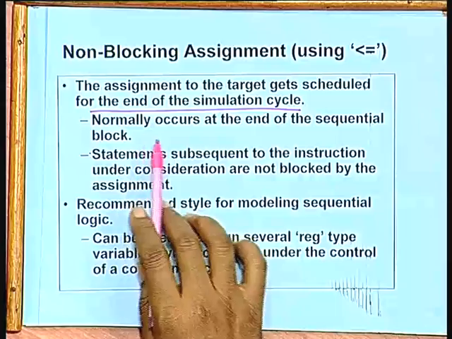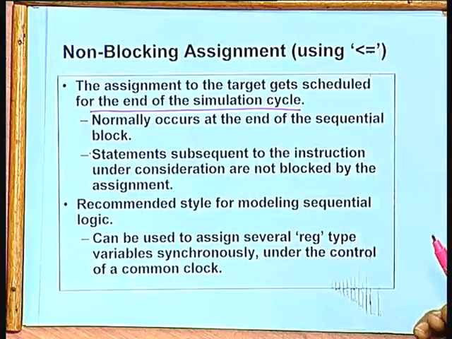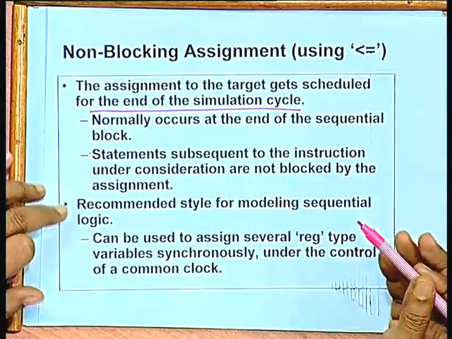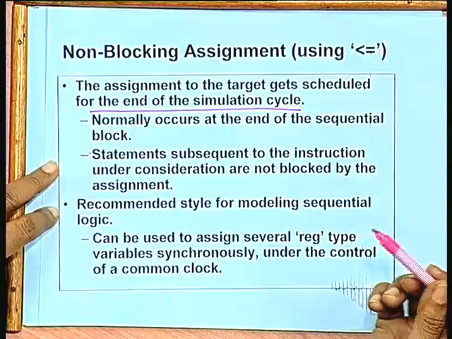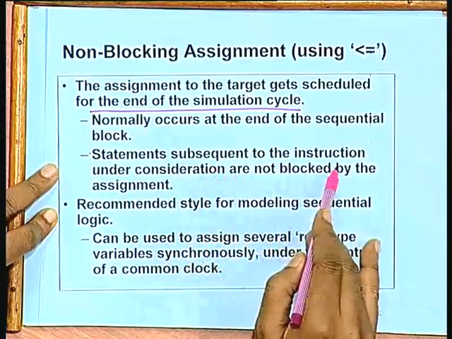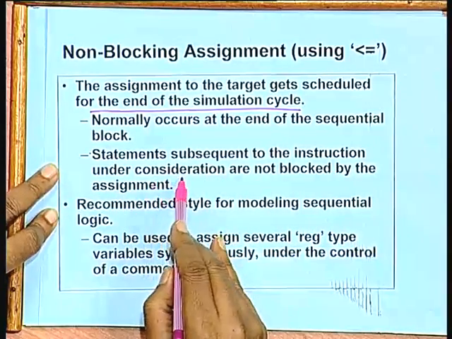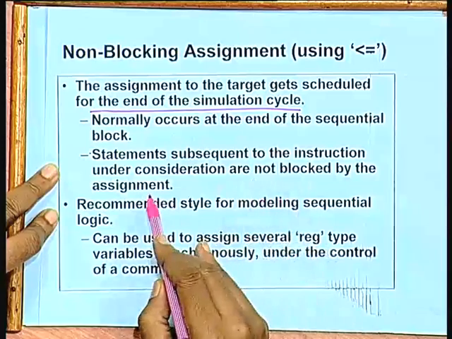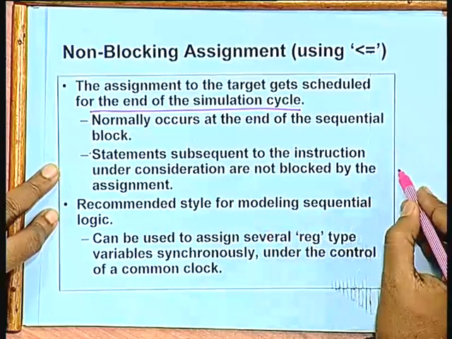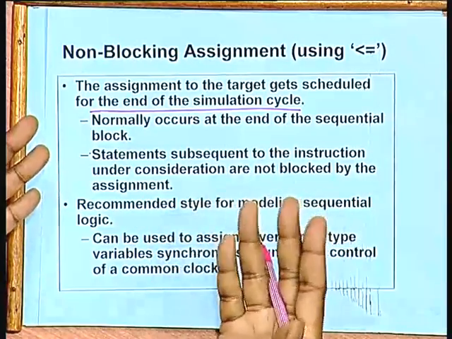So, this normally occurs at the end of the sequential block, and very naturally the statement subsequent to the instruction which is currently being evaluated is not blocked by the assignment, because if there are 4 assignments, they are essentially going on concurrently. There is no dependency between the assignments, all the expressions are evaluated, and at the end of the block they are all assigned together, they are going on in parallel. Okay, fine.